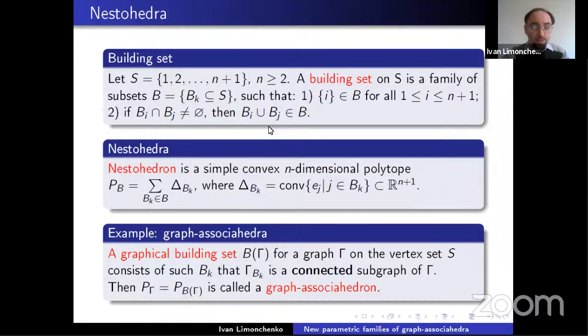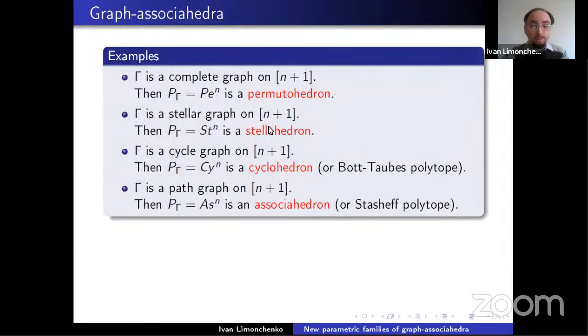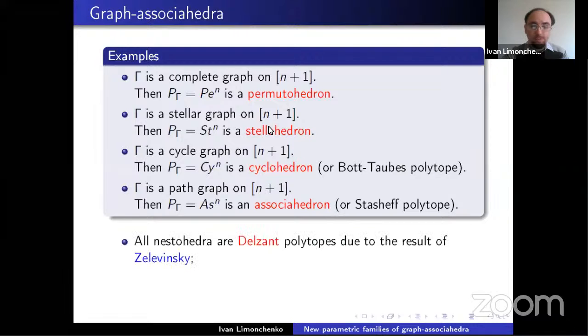Then the corresponding nestohedron will be called a graph-associahedron. This is a classical definition going back to the middle of the 20th century, but this setting was made by Carr and Devadoss in 2006. And here are the examples: permutahedron, stellahedron, cyclohedron, or Bott-Taubes polytope, and associahedron, or Stasheff polytope.